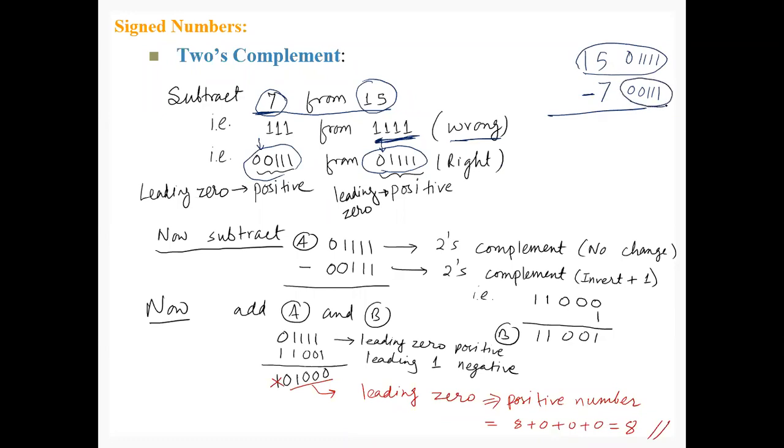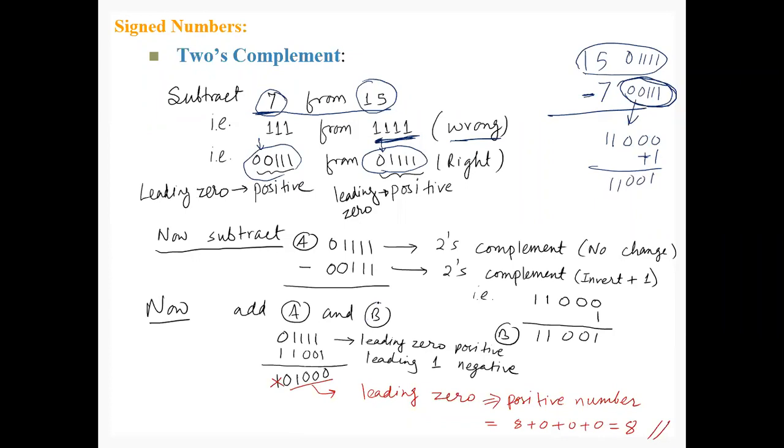It doesn't look like -7 now, because we are subtracting, meaning it is -7. So how do we change it? Change it to 1's complement, which is 1 1 0 0 0, then add 1, so then 1 1 0 0 1.